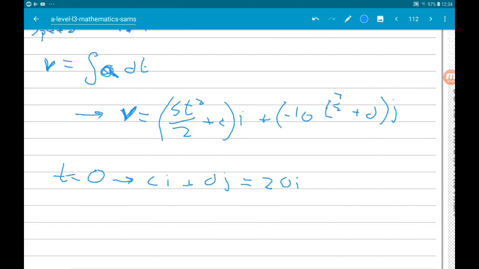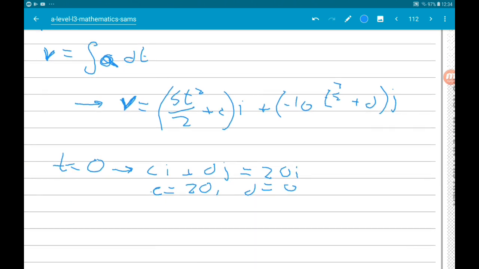Therefore, c is equal to 20 and d is equal to 0. So, now we can say then that v is (5t squared over 2 add 20) i and then minus 10t to the 3/2 j.